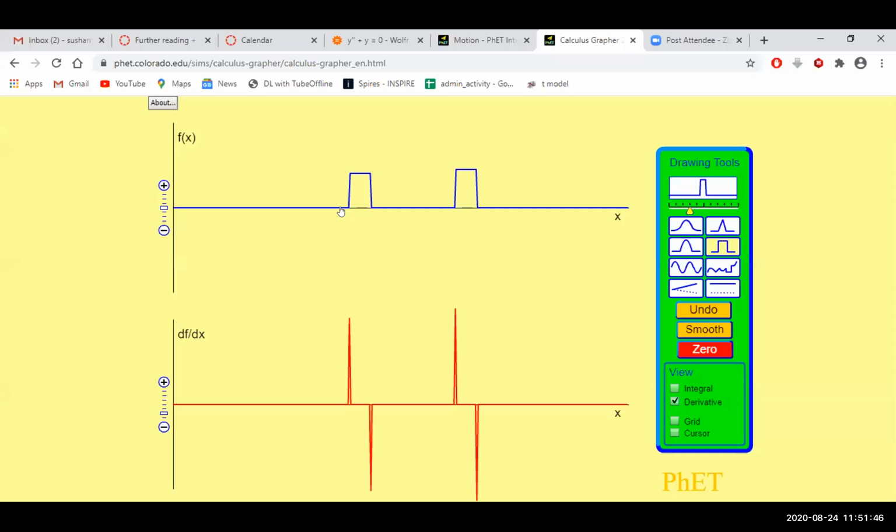So the derivative is 0. Now over here, the function increased suddenly, very drastically it changed, which is why the derivative suddenly became very high. Then again over here, it is not changing. So the derivative became 0. Now it decreased dramatically. So the derivative has a very high negative value. Then again flat, and so on and so forth.